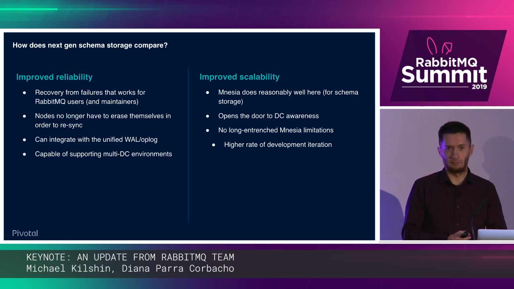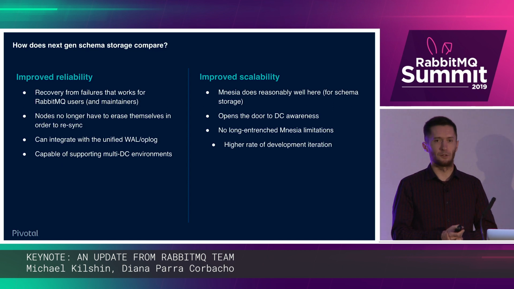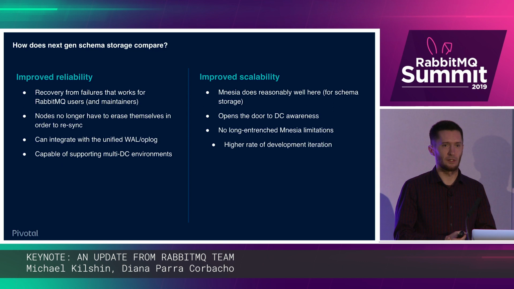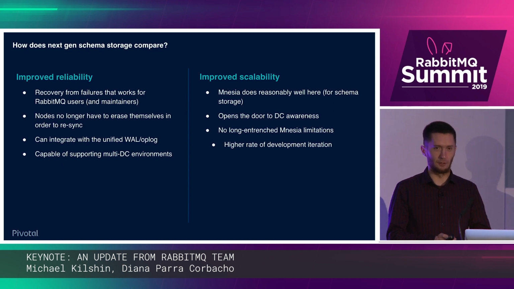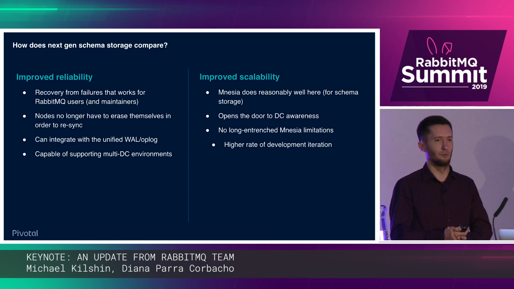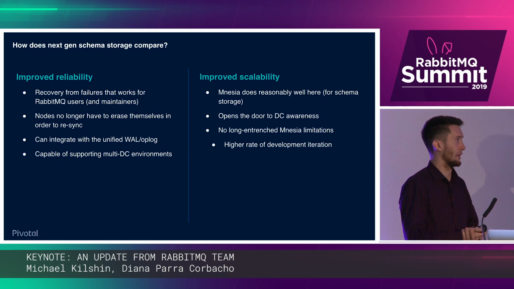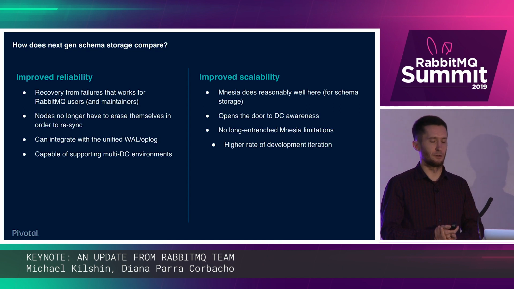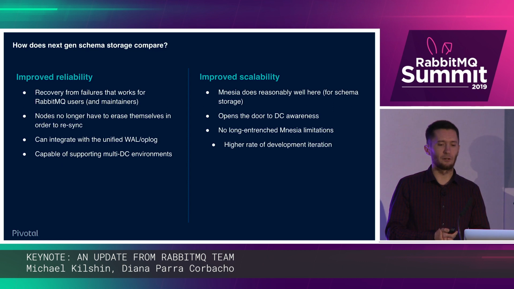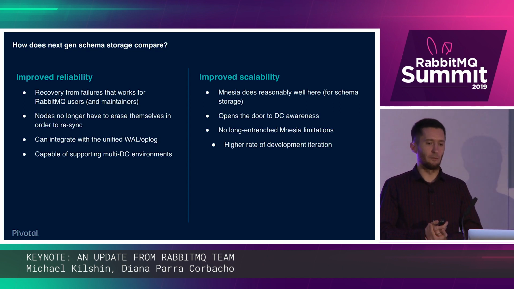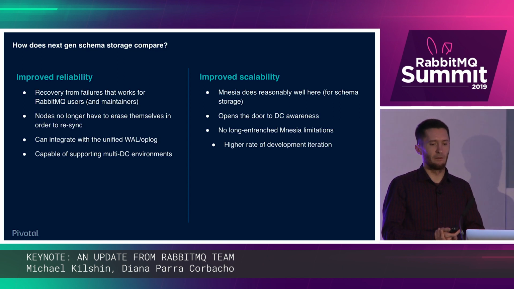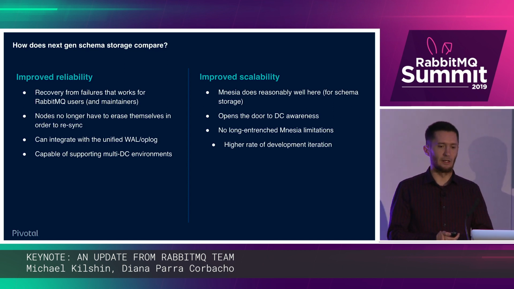We use Mnesia for it today, and Mnesia was developed for certain workloads for hardware appliances that are not really how people run RabbitMQ or, honestly, most Erlang-based systems today. So Mnesia has certain opinionated design decisions that just don't fit very well, and working around them can only take you so far.